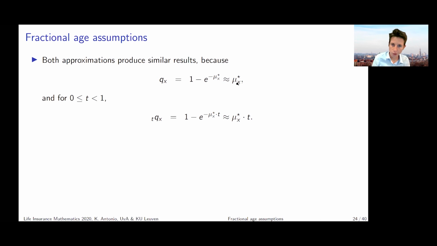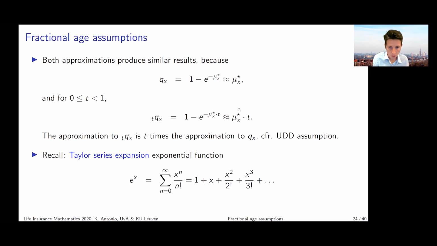And that's something you also had with the UDD assumption, because there you would say that tqx is t multiplied with qx. So here you got quite a similar kind of reasoning. So what we see is that the approximation to the tqx is t times our approximation to the qx, and that's in line with what our UDD assumption does.